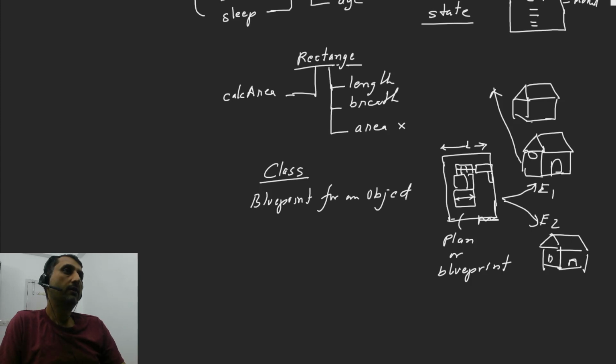So in this case, if you call the house an object, then this plan or blueprint of an object can be termed a class in a computer sense.